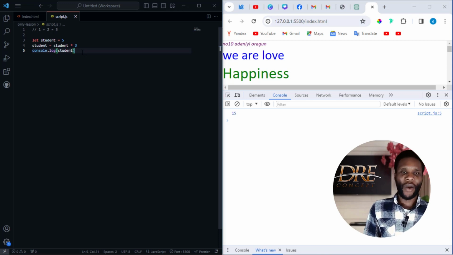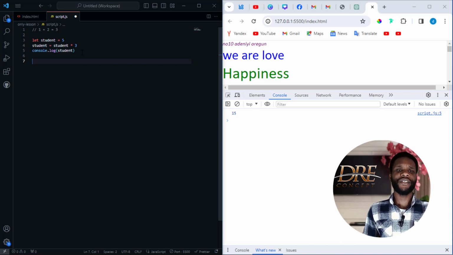So now I'll be talking about the exponent and modulus as well. The exponent is just a power of the value, which the sign here is two multiplication signs. So now, for example, we have the value of 5 in student.